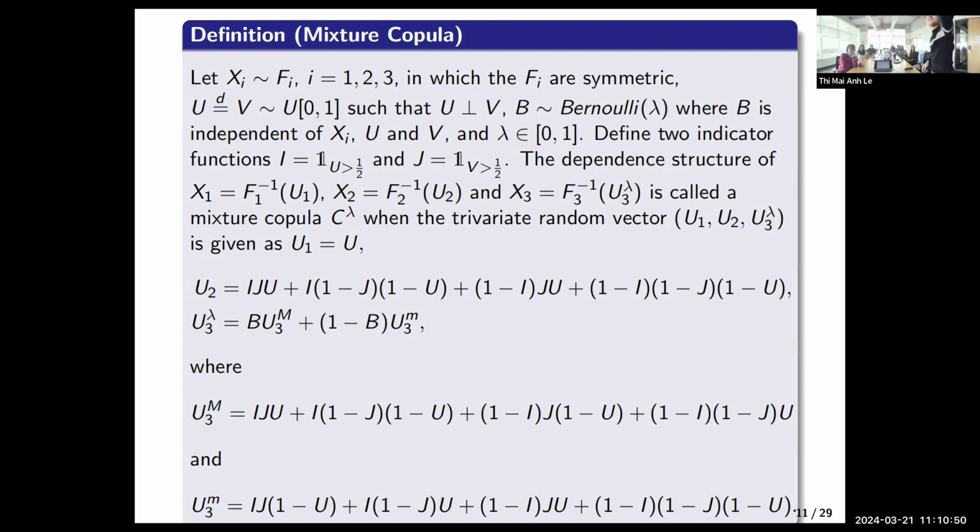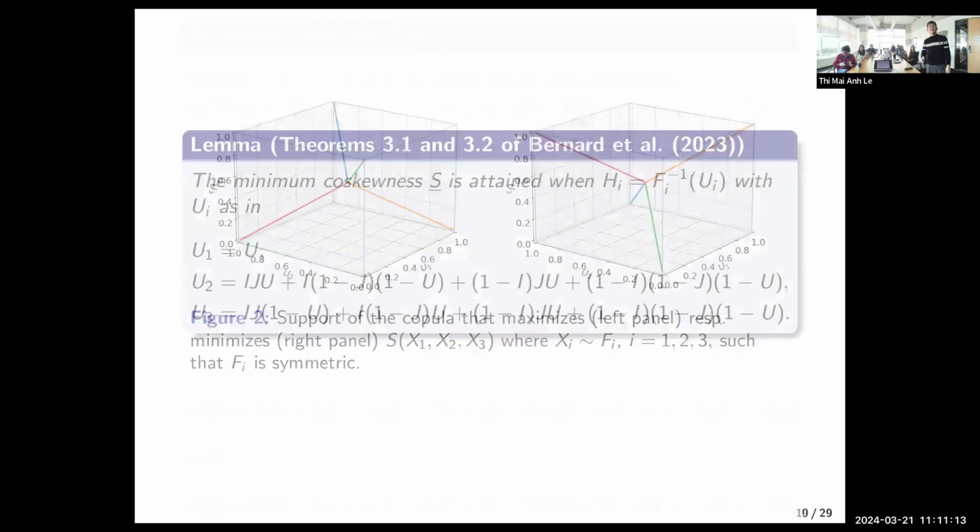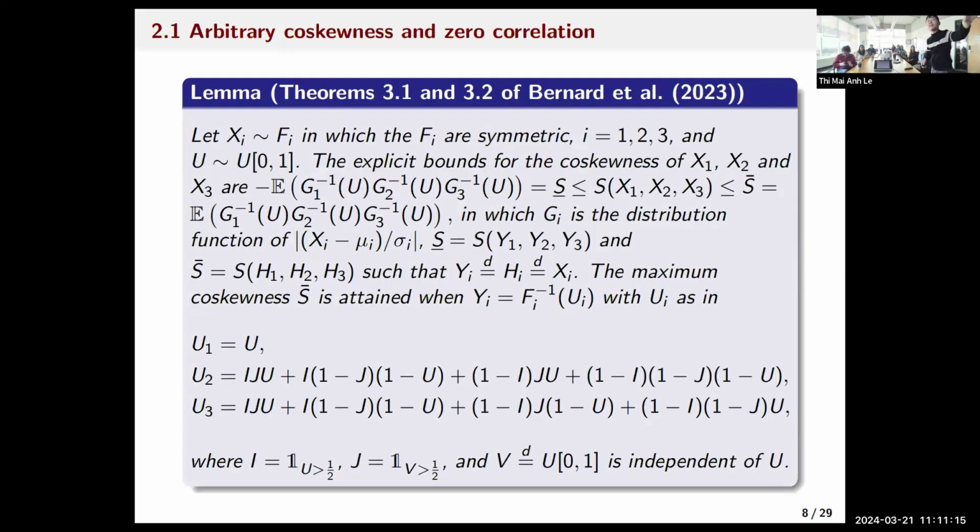Actually, the random vector U1, U2, U3 with lambda is a kind of linear combination between the random vector from the maximizing copula and the minimizing copula.